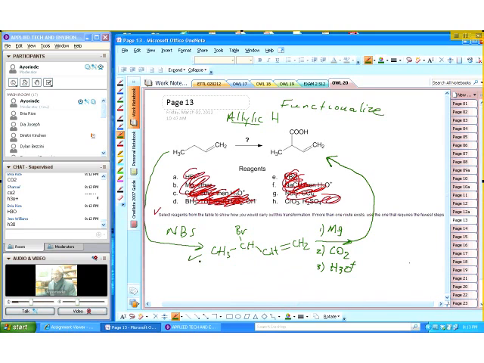Okay, assuming that we've made this molecule. Okay, yes, cyanide, SN2 reaction, exactly. We could do an SN2 reaction.